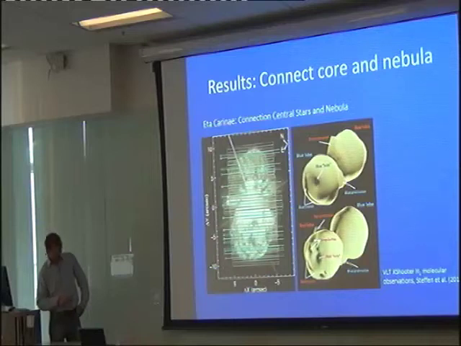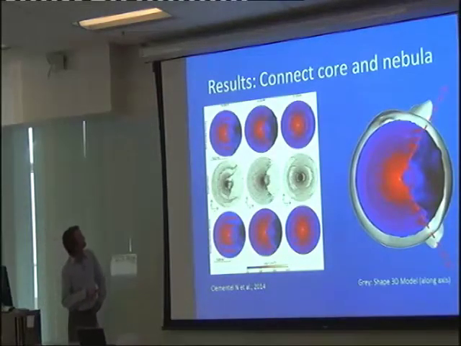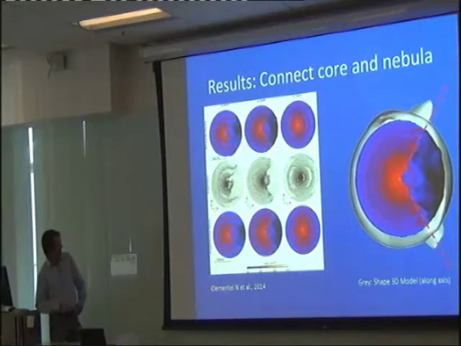Now we reconstructed the structure, and you have these ridges in here and some spots in here, these holes. And now, the amazing thing is that independently, Tomasz Madura and his colleagues at Clementel in Holland did hydro simulations of the interaction of the binary in the center on an elliptical orbit.